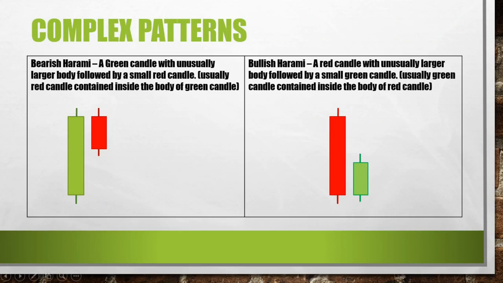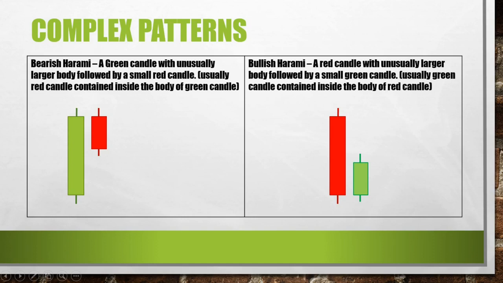Okay, the first pattern we are going to discuss here is bearish harami, a green candle with an unusually large body followed by a small red candle. Usually, the red candle is contained inside the body of the green candle. You can see that in this picture, this is a considerably and unusually large green candle.